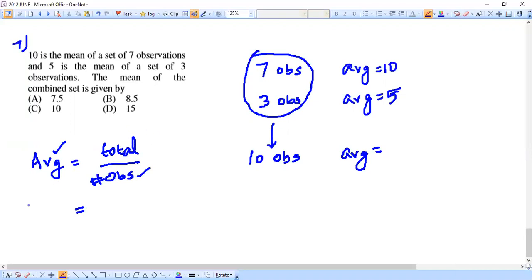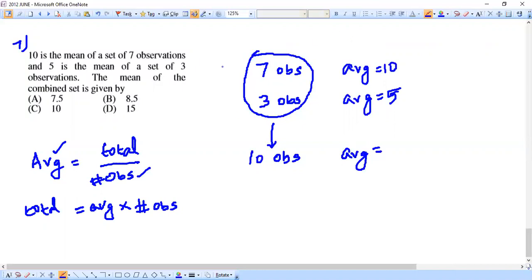Total will become average multiplied by number of observations. If I have to find average, I divide total by observations, whereas if I want to find the total, I multiply average with number of observations.